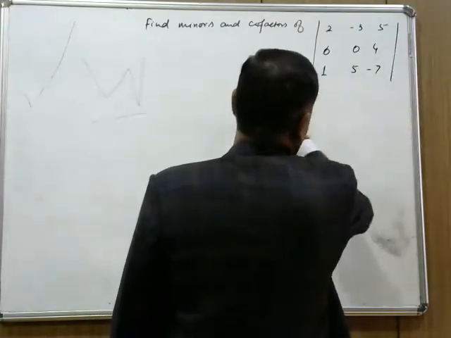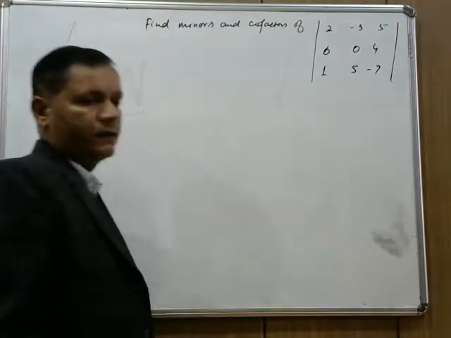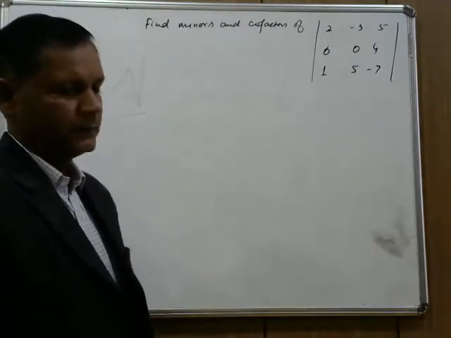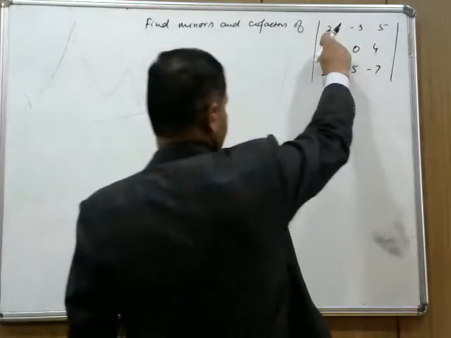This is the determinant given to us, and we are asked to find its minors and cofactors. Okay. Now see M11.